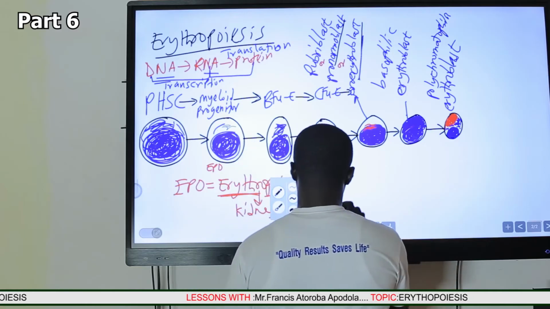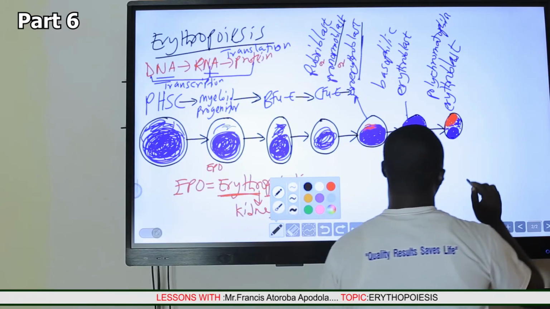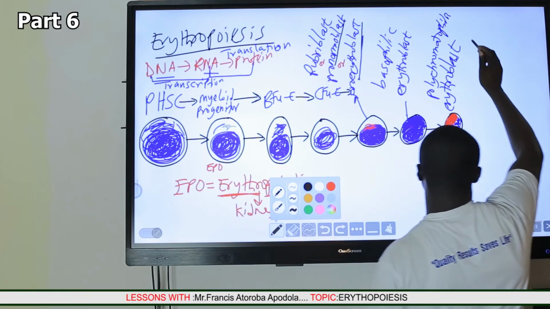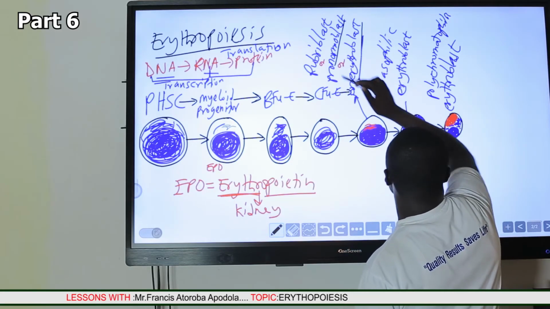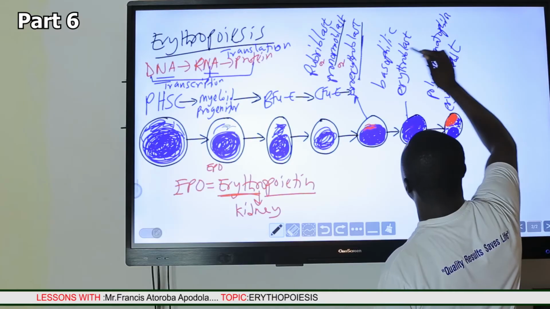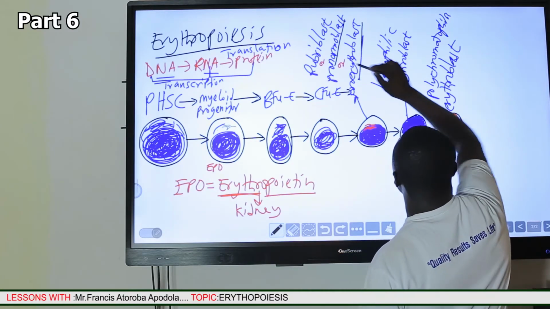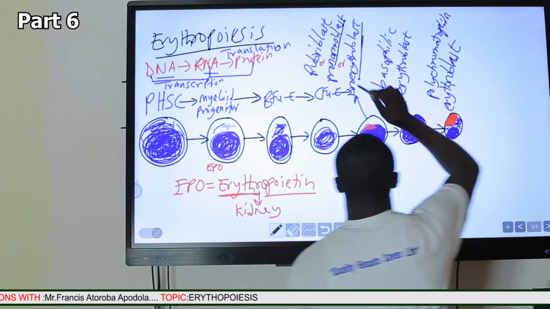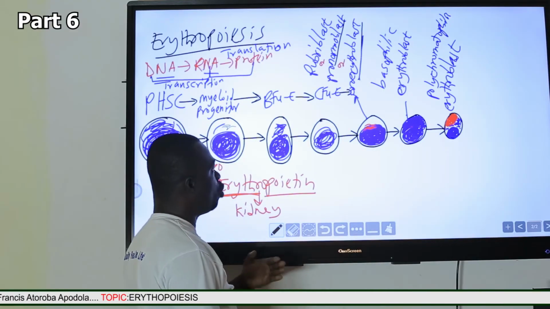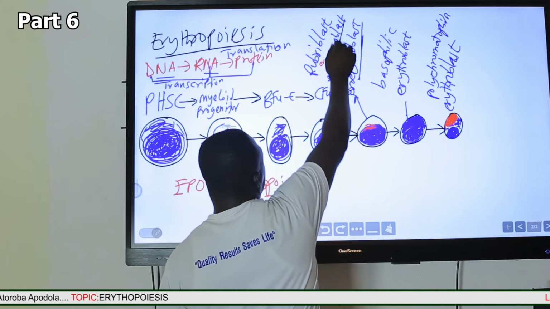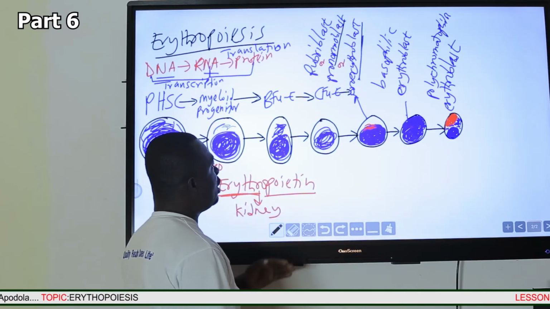Then the next stage after the polychromatophilic erythroblast. The polychromatophilic erythroblast is also called intermediate normoblast. So if we are going by the normoblast nomenclature, this is called intermediate normoblast.